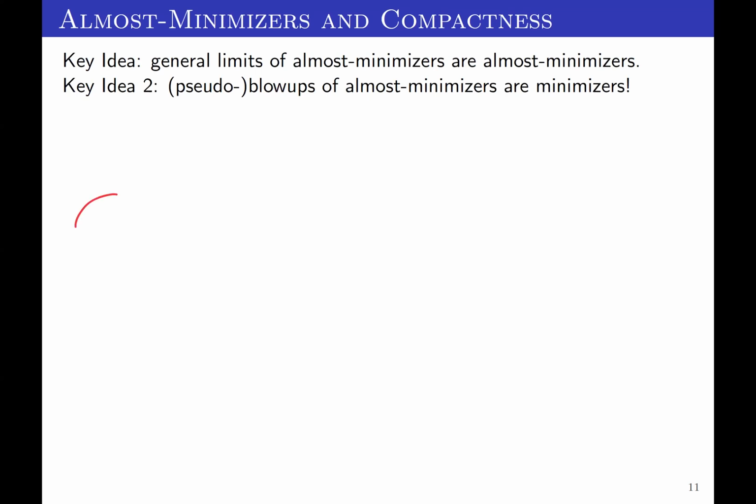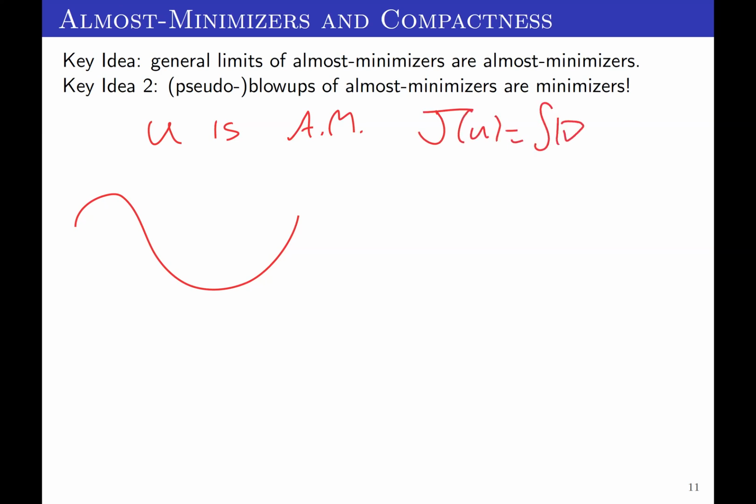Imagine you have some sort of curve here, u, which is an almost minimizer to J of u, the integral of grad u squared plus, let's just do the one phase problem. Then you take some points here.